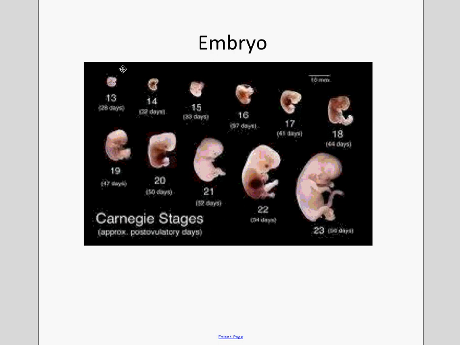The first one is called organogenesis, which is just the formation of the major organs in the body. Usually if something goes wrong in this stage, a miscarriage occurs. That's why this first portion of the pregnancy is so important.